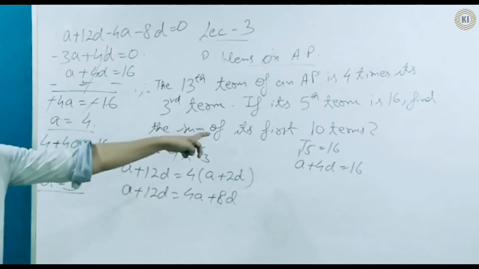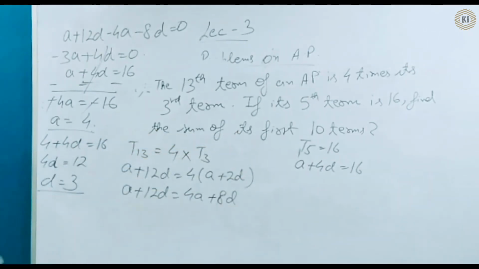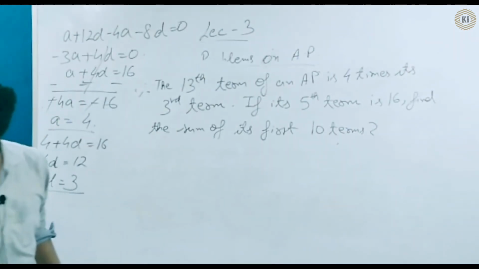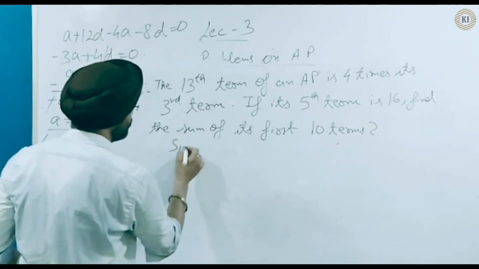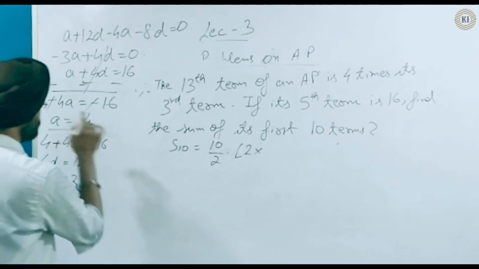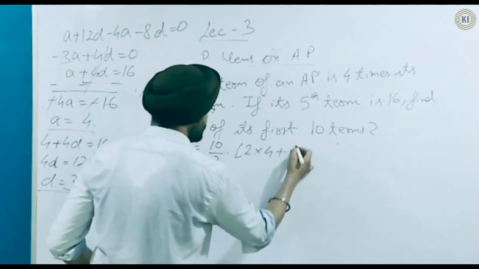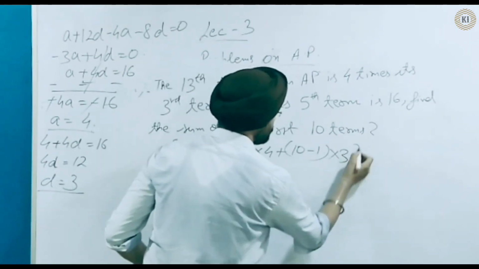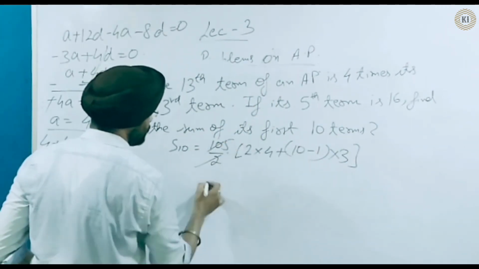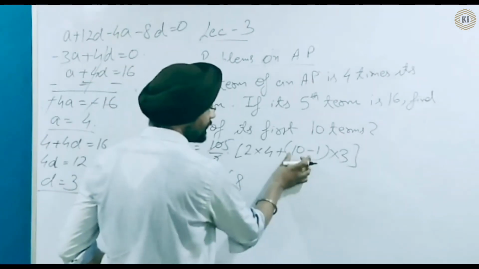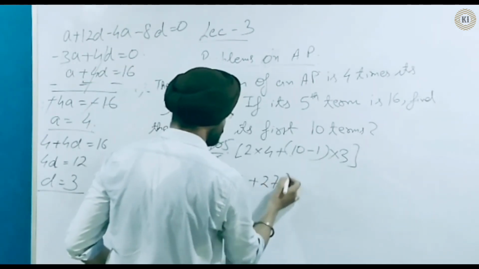Find the sum of its first 10 terms. So sum of its first 10 terms, it means S of 10. So 10 by 2 into 2A, value of A is 4 plus n, 10 minus 1 into D, value of D is 3. 5 into 2 4s are 8. 9 into 3 is 27.